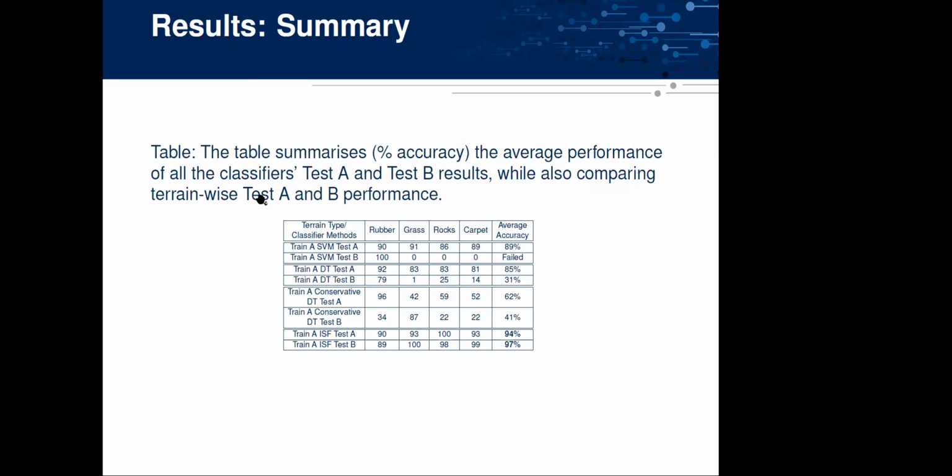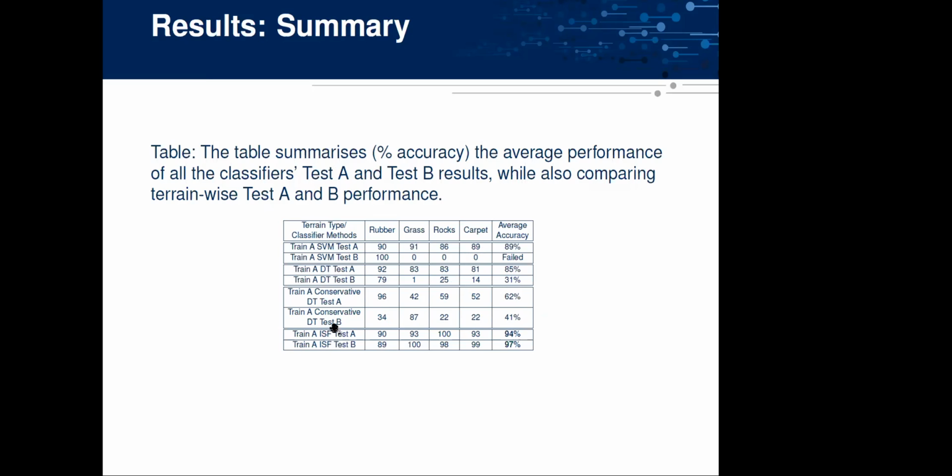So the table below summarizes the comparison for test A and test B. When we use support vector machine, we can see that for test A, it seems to be performing because it's overfitting, but when we introduce test B, it fails. For decision tree as well, test A seems to be performing well, but when we introduce a different dataset, it fails because it was overfitting.